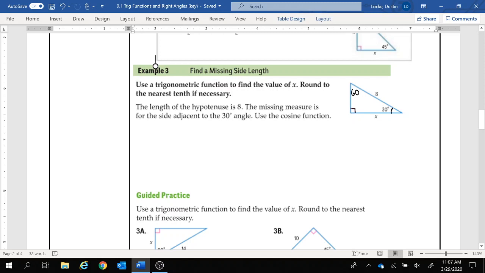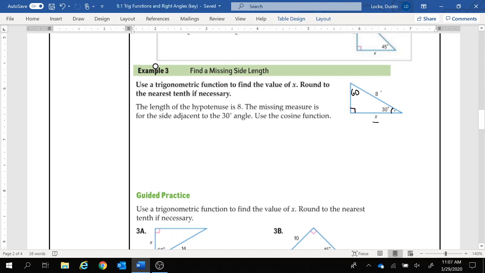Now, notice our goal is we're going to find this missing side, which is x. Now, unlike the last problem where we had two sides given, now I only have one side given, right here, one angle given, and a missing side. So we can't use the Pythagorean theorem for this one. Instead, we're going to use a trig ratio.